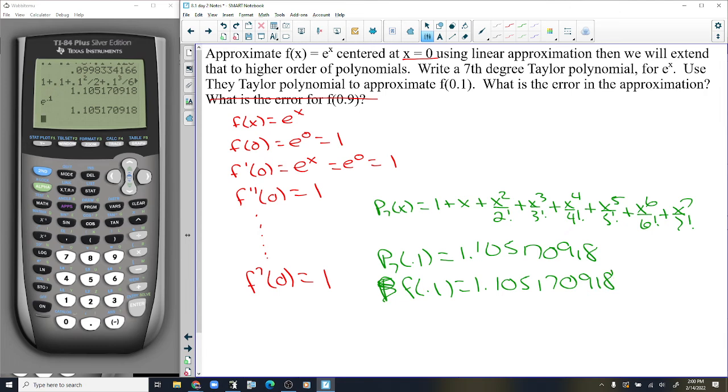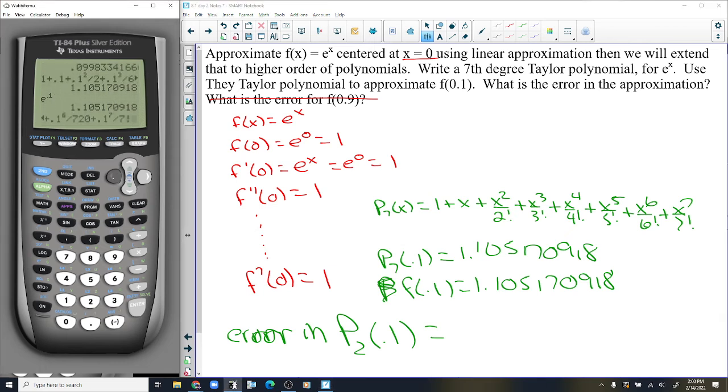So what is the error? Error in, how about p of 2 of 0.1? Let's do something we can actually look at. Probably quicker just to type it in. 1 plus 0.1 plus 0.1 squared, divided by 2.